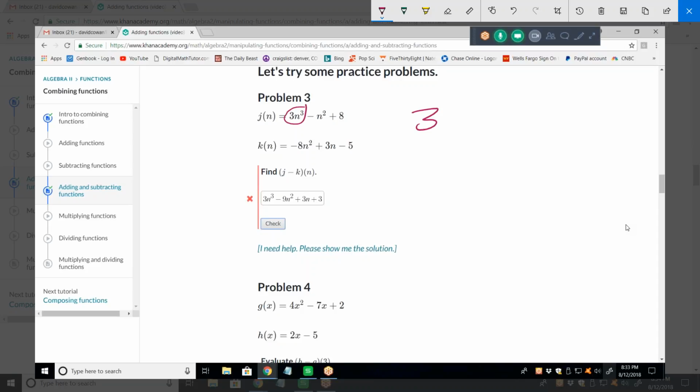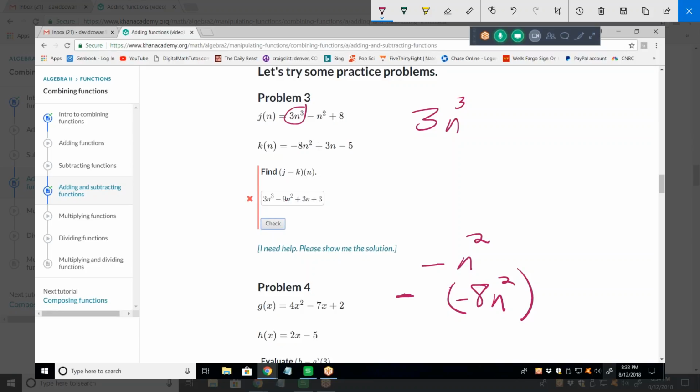So that gives me 3n cubed, because there's none in the k function. But then I got minus n squared minus a minus 8n squared. Oh, I see. So that would be 7n squared. Plus 7, yeah.